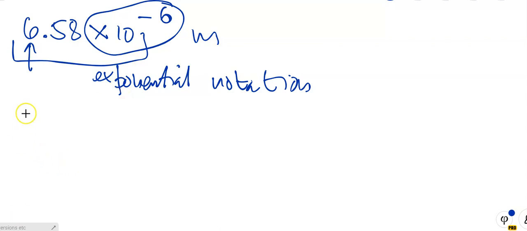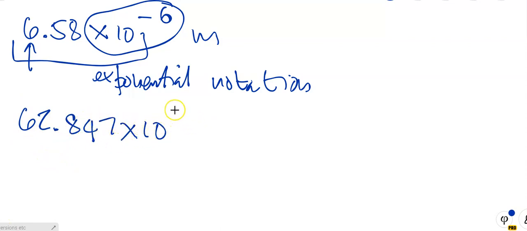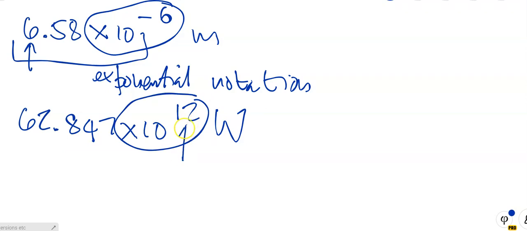If a number looks like this, 62.847 times 10 to the power 12, let's call that watts. If we have a number with 1, 2, 3, or 4 digits followed by the dot, followed by however many numbers after the decimal, and the exponent is in multiples of 3, it could be 3, 6, 9, 12, 15, 18, like we said earlier in a document up there.